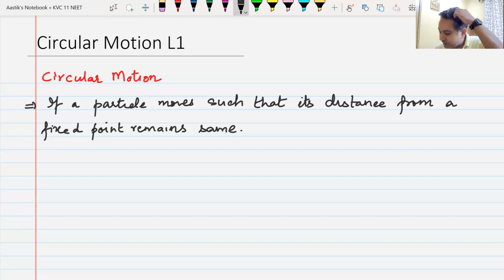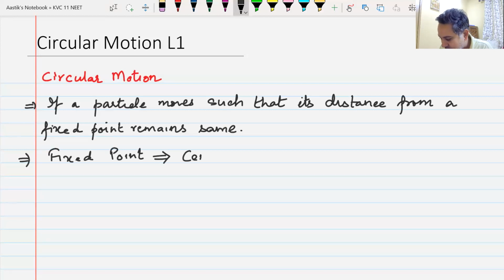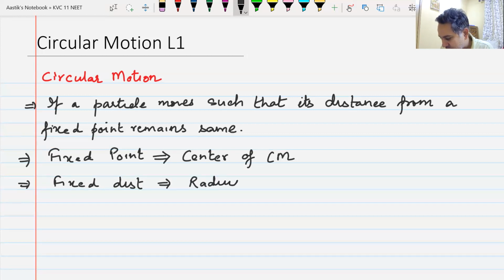What is that fixed point known as? That fixed point is known as the center of the circular motion. Center of CM, circular motion, and that fixed distance is known as the radius of circular motion.